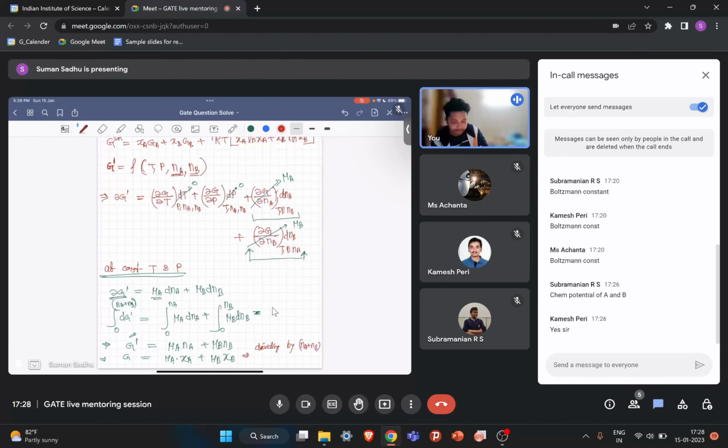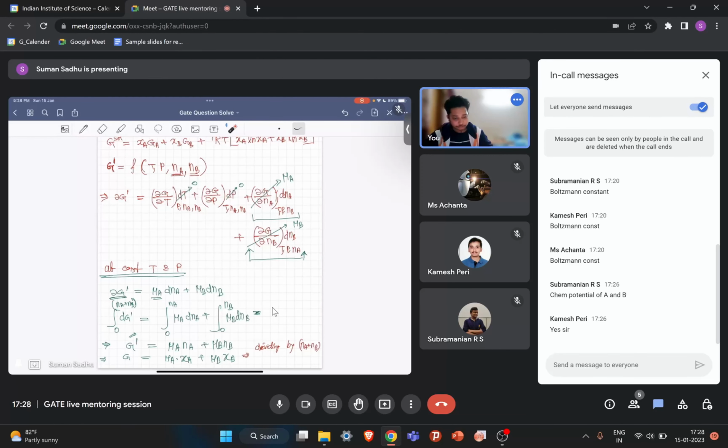Dividing g prime by na plus nb, this is the integral free energy, so this will be your molar free energy, right? Similarly on this side, if you divide na by na plus nb, it will be xa. Similarly if you divide nb by na plus nb, it will be xb.